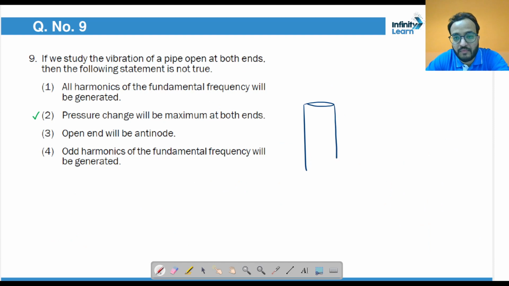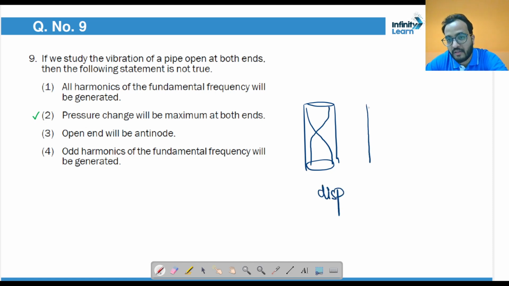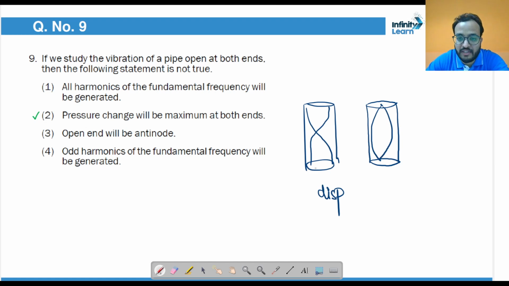Okay, see, if the pipe is open at both ends, then this is how at the fundamental situation displacement of the air particles look like when the stationary wave is established, and this is how the pressure variation looks like, right? So we can say this is a displacement antinode and this is a pressure node.